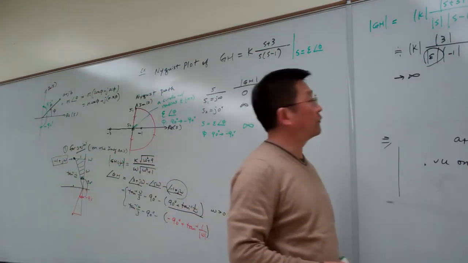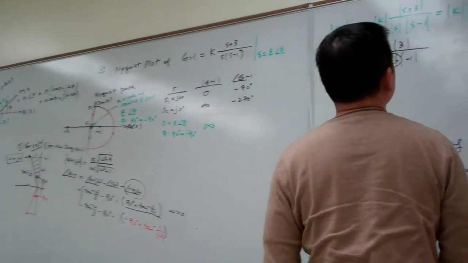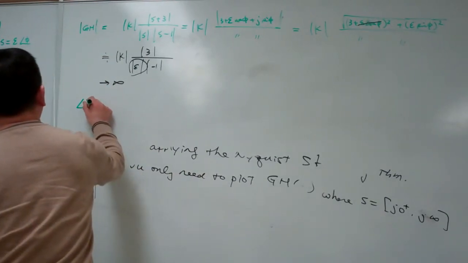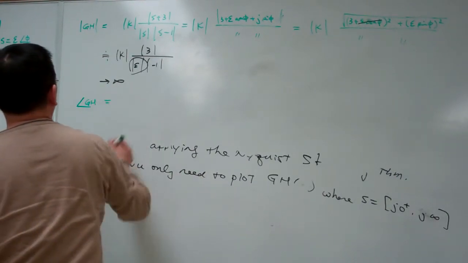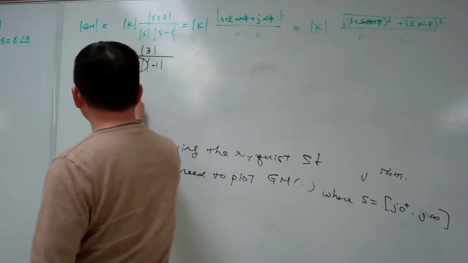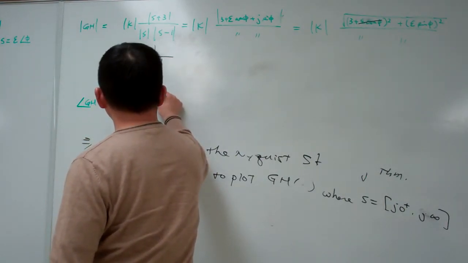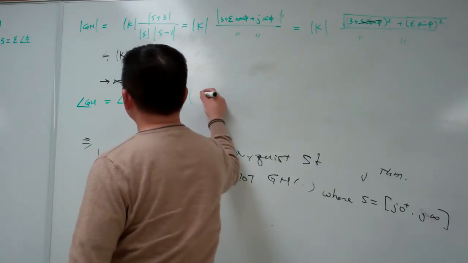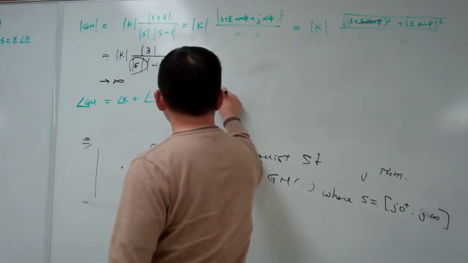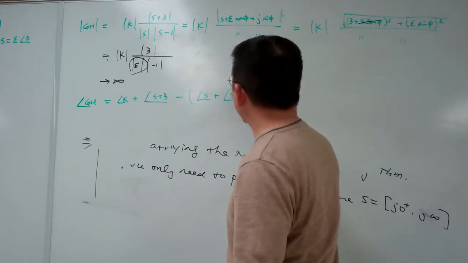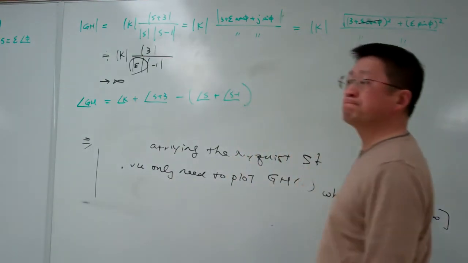Okay, now we can try the phase. Again, that is the phase due to k, which is 0, plus the phase due to s plus 3, minus the phase of the denominators, the phase of s minus 1.